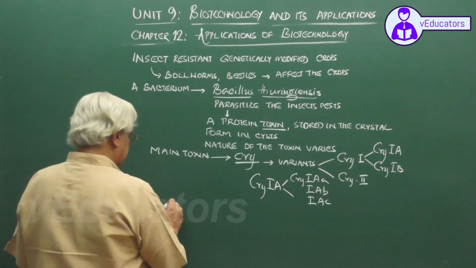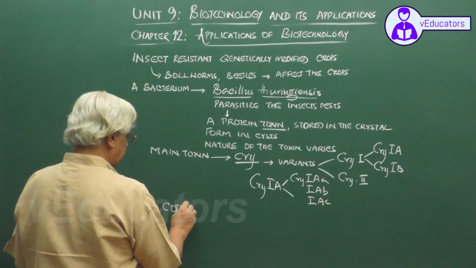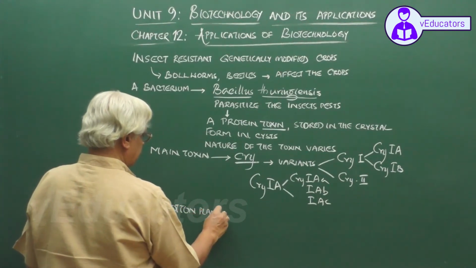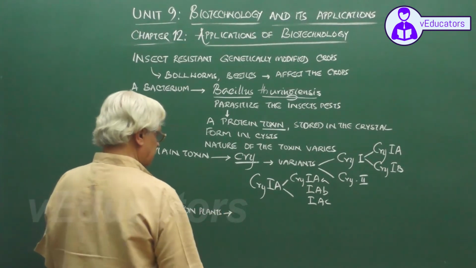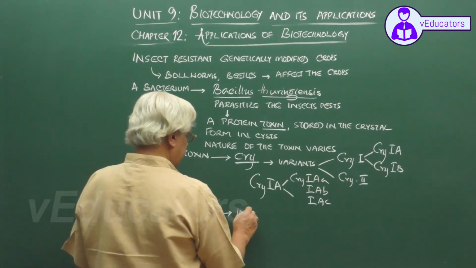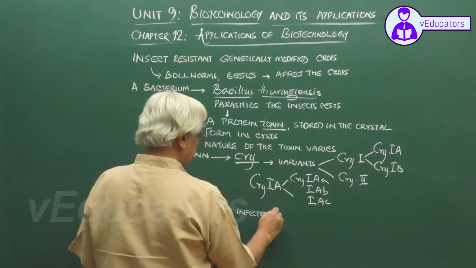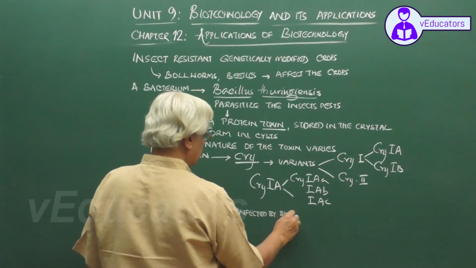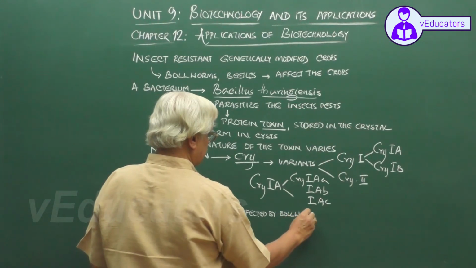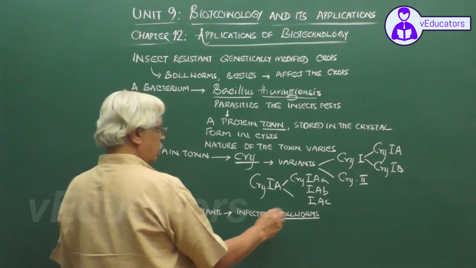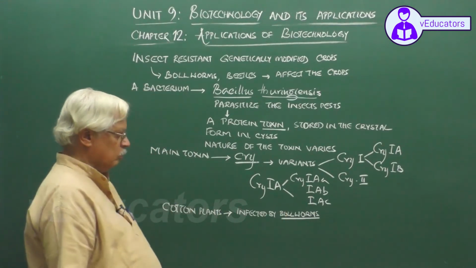The cotton plants all over the world are infected by a group of insects called bollworms.